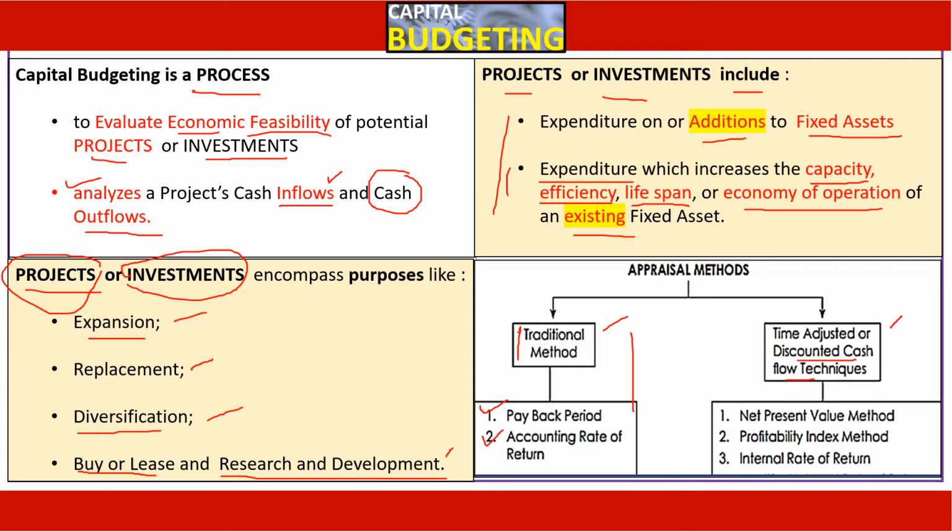Under discounted cash flow, though there are about 6 major which have got a specific identity in terms of utility, are net present value method, profitability index method, both are linked to each other, and third one is internal rate of return, which is largely used in respect of project funding. This is an overview of what capital budgeting is, what it covers, and does it cover replacement, expansion, diversification, etc., and what are the methods available.